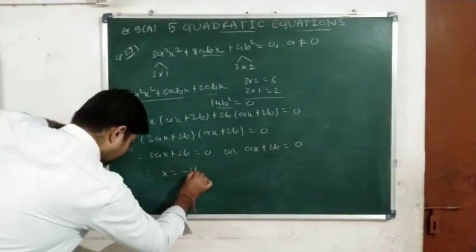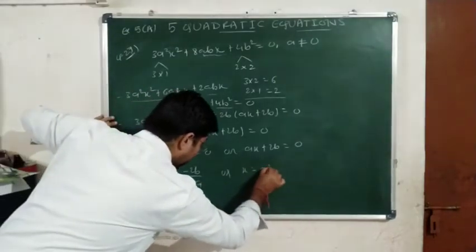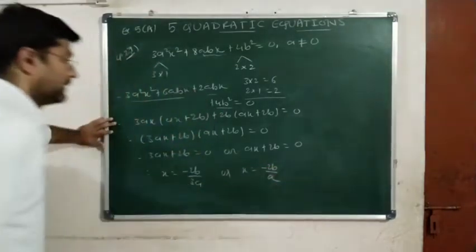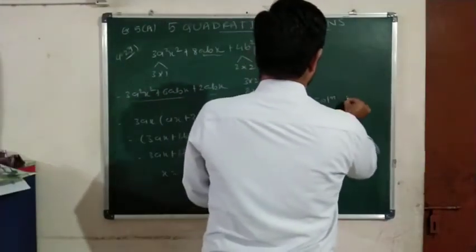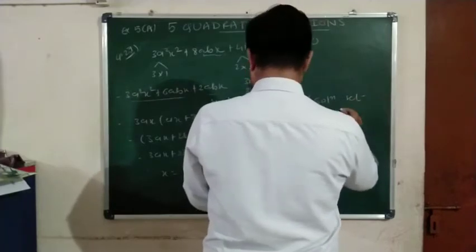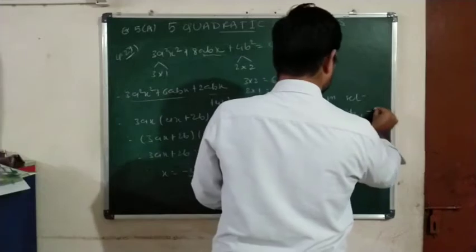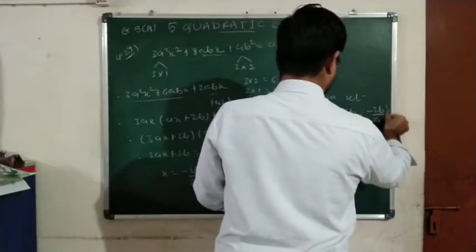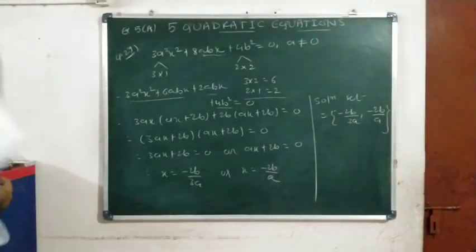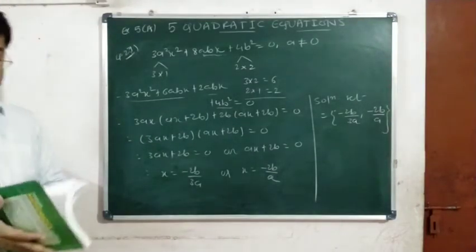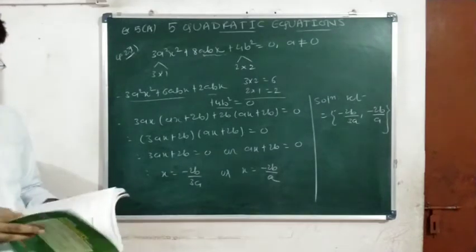Therefore x is equal to minus 2b upon 3a, or x is equal to minus 2b upon a, and therefore the solution set is minus 2b upon 3a comma minus 2b upon a. Clear? So this was question number 27.